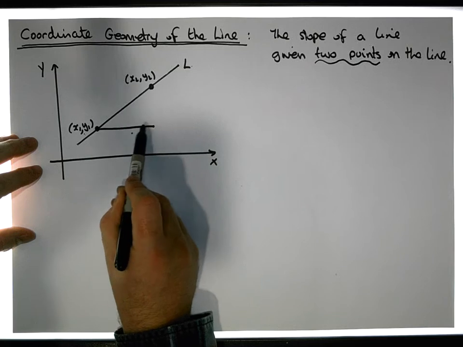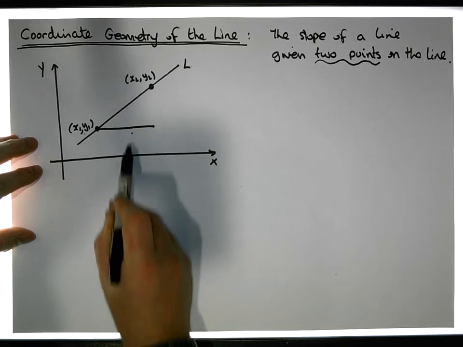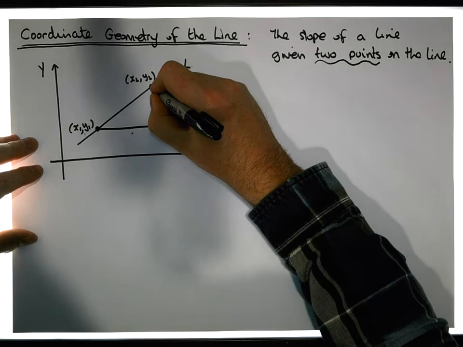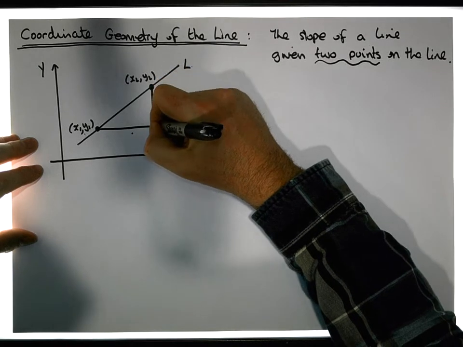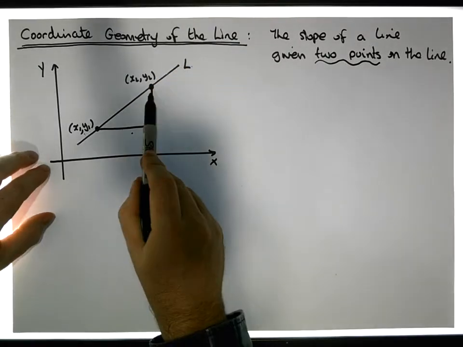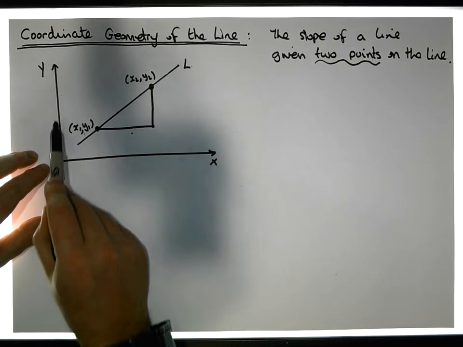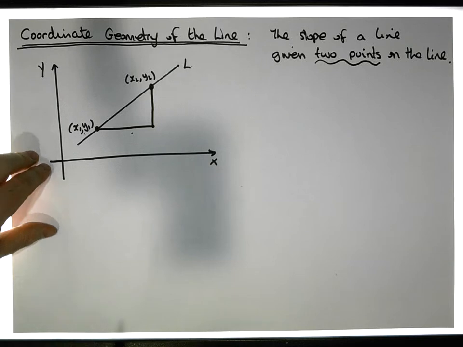So any point on this line is a distance of y1 above the x-axis. Similarly, we drop a perpendicular from x2, y2 down to here. Any point on this line is a distance of x2 away from the vertical axis, which is the y-axis.